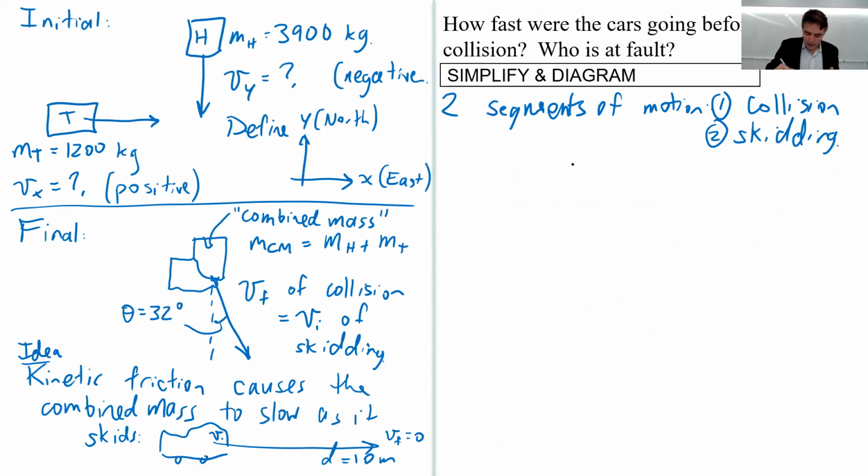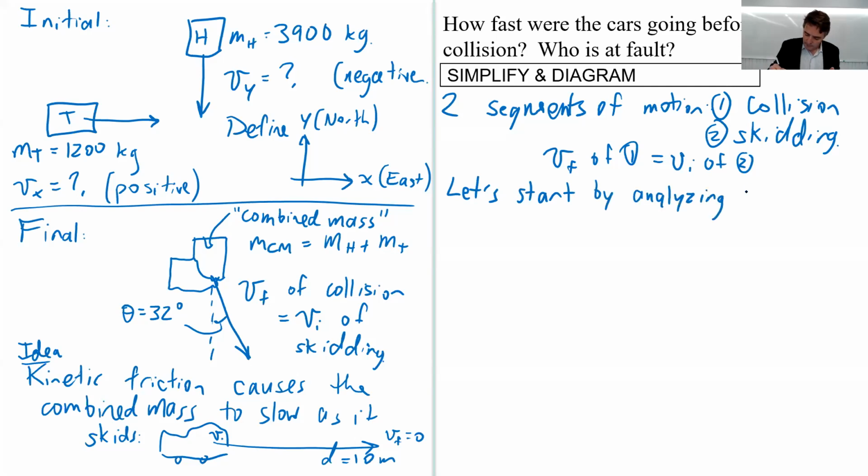And the idea is V final of 1 equals V initial of 2. That makes sense. And I think I want to start by doing segment 2, analyzing segment 2 using the stuff that we've learned from previous chapters. So we can do a force diagram of the combined mass.